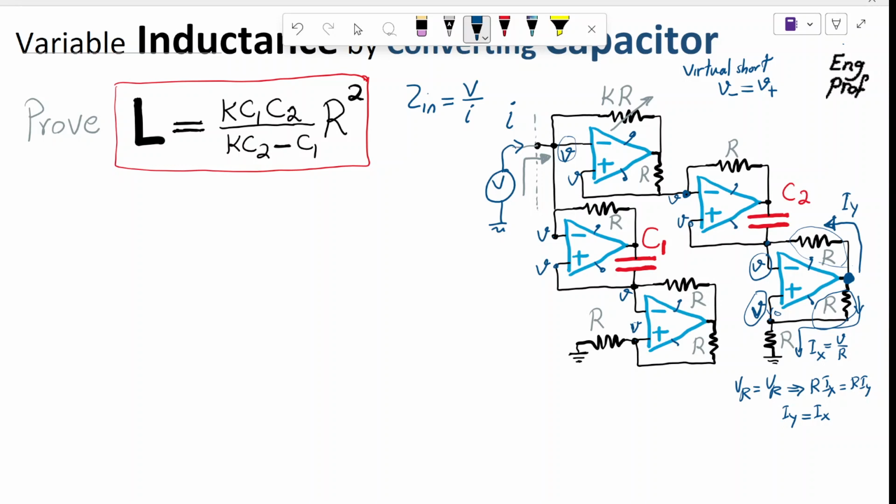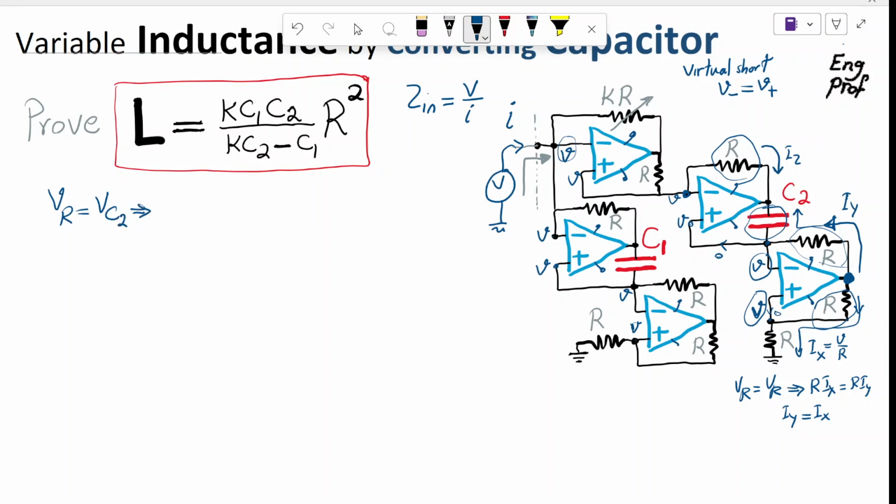Okay, so nothing can go through the positive terminal of an ideal op-amp as long as it is not saturated, so that current IY is flowing to C2. For the same reason, the voltage drop across C2 is the same voltage drop across R. So I can find, let's say, the current IZ. The voltage across that resistor R should be equal to the voltage across cap C2.